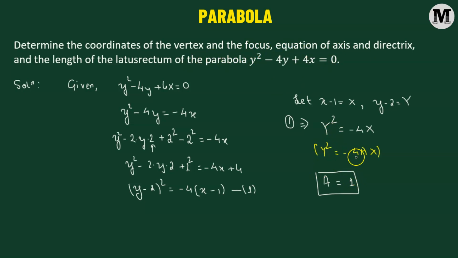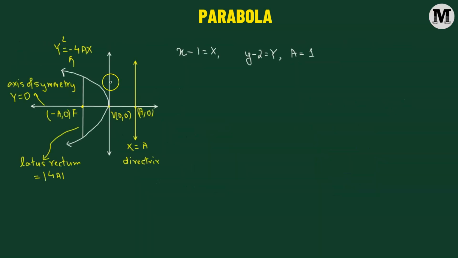Now we'll try to understand this particular equation of parabola. Here we have the parabola y squared equals negative 4ax, representing the parabola in terms of the new coordinate system X, Y. For this particular parabola, the vertex is always going to be at the origin 0, 0.